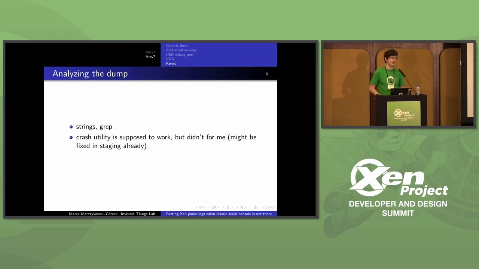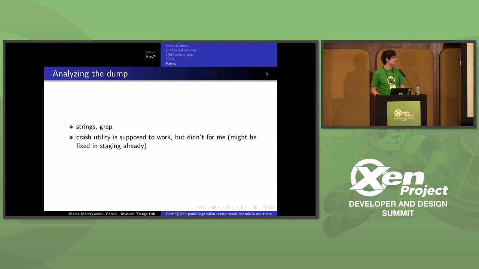You will need to be a bit specific, because if you grep just for the panic message, you will find this panic message in the text section of the Linux kernel, Xen, and probably a few other copies if you are reading files with that word. But if you grep for, I don't know, panic on CPU and some number, like a regular expression, then it's usually enough.